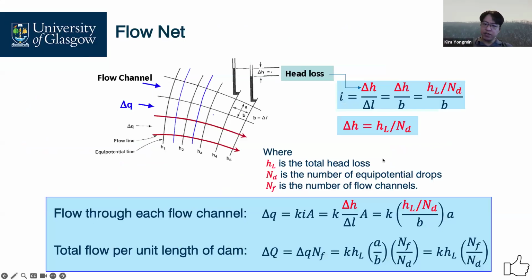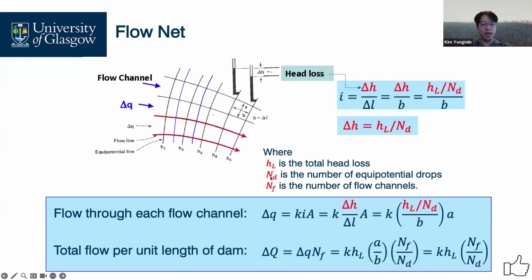So before we dive into more details about some calculations, we need to define some terminologies. It is quite similar to what I just mentioned, but two different new terms.